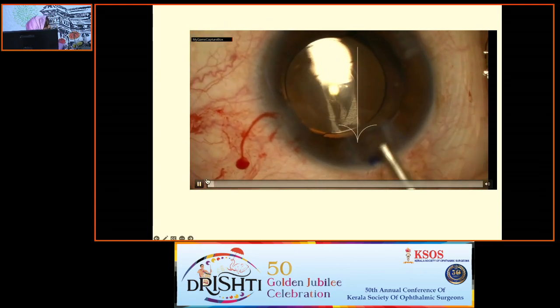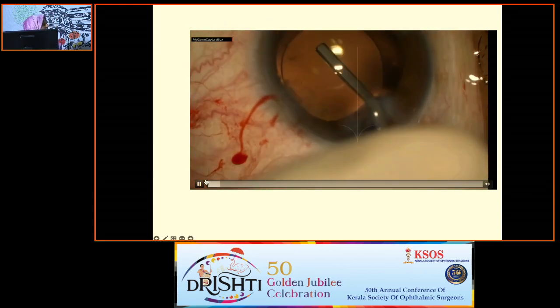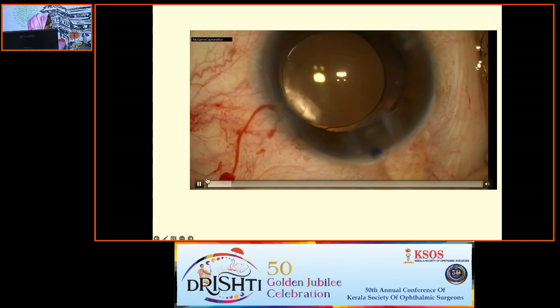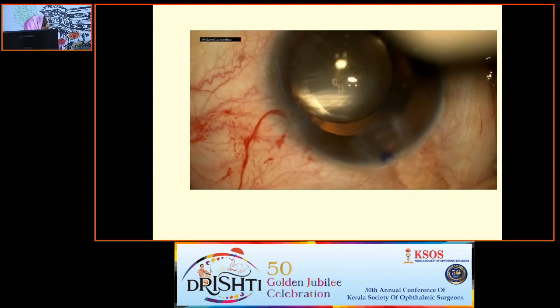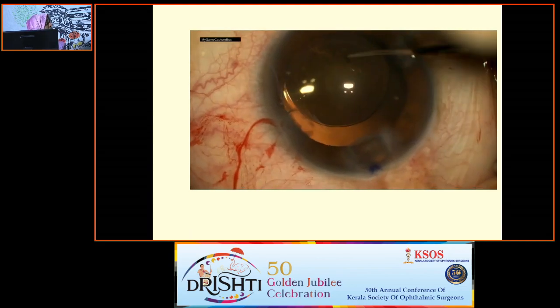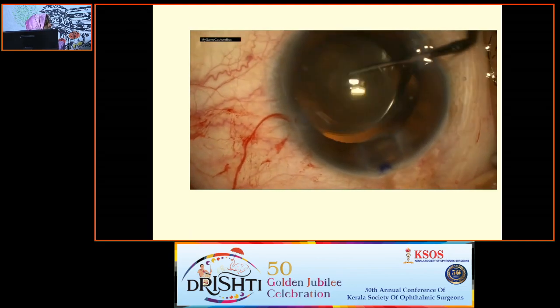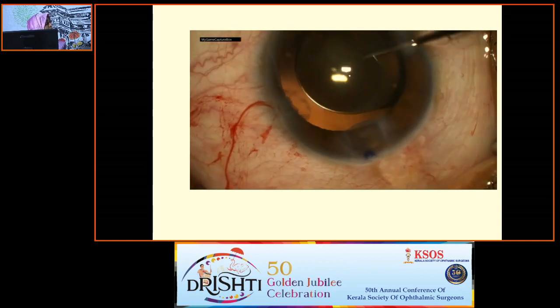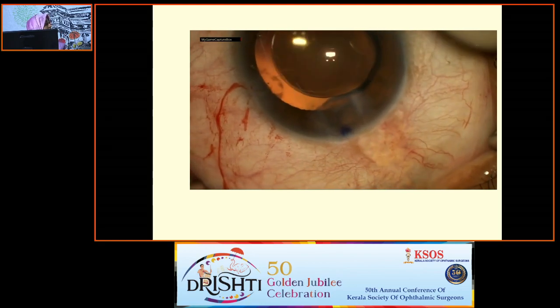First we inject cohesive visco, then make sure there is no adhesion between the capsule and the IOL, then dial in a clockwise direction until just short of 10 degrees from the target axis.